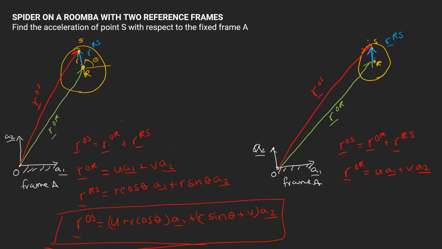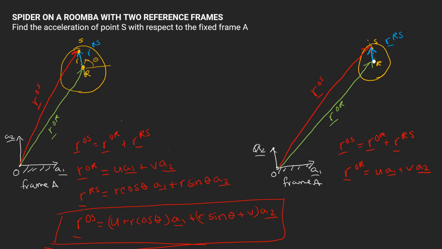But now here's where we're going to define our second reference frame. So we're going to take reference frame B, and we're going to put its origin right at the center of the robot, so right at point R.